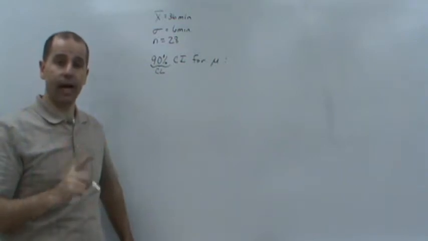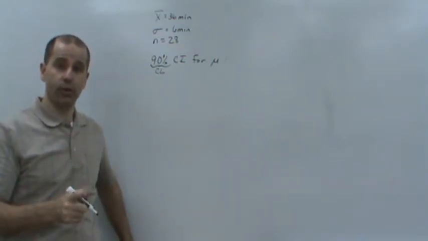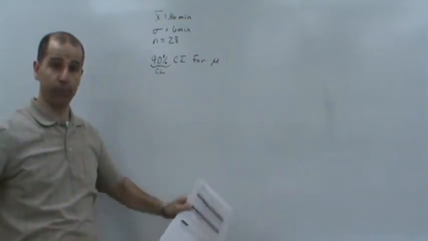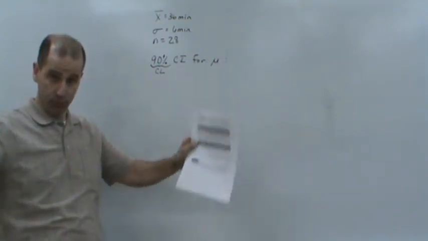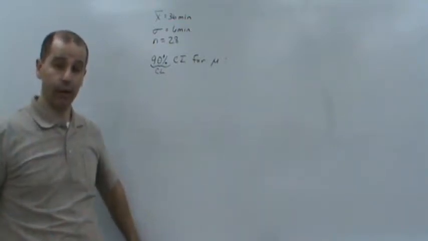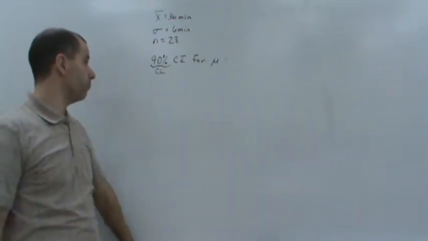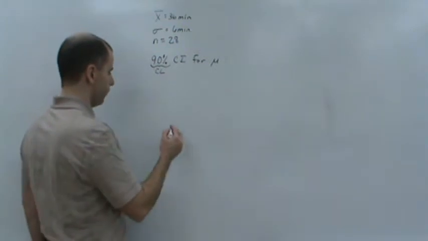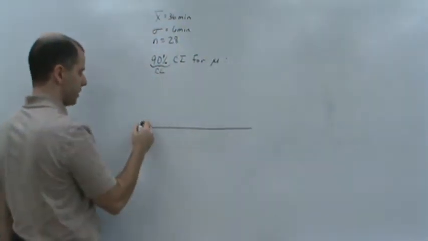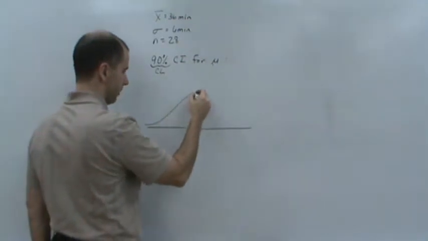The confidence level always tells you the percentage of values that fall in the middle, as far as how far we want to go out. Now, in this case, the confidence level is 90%.